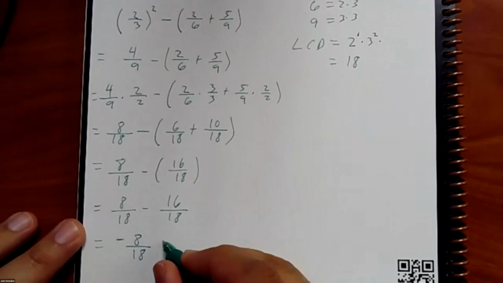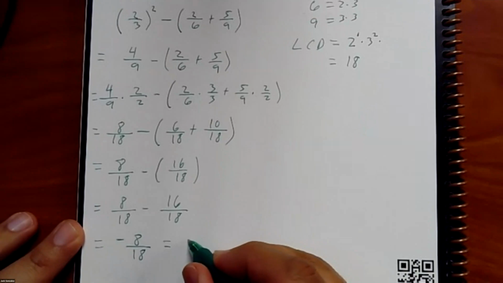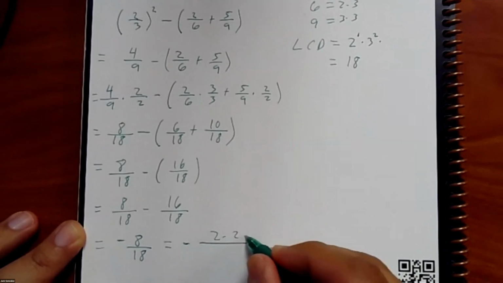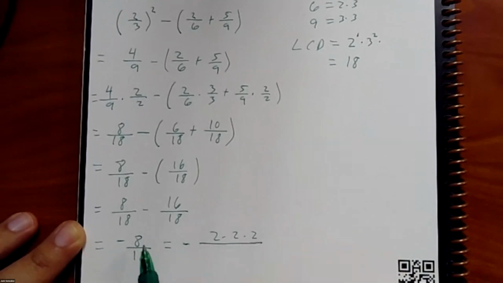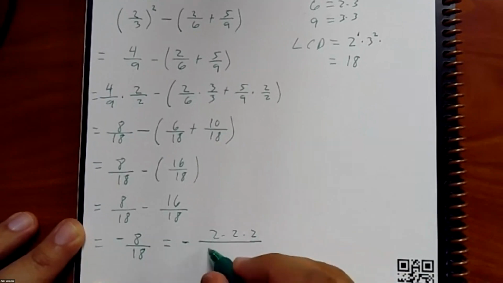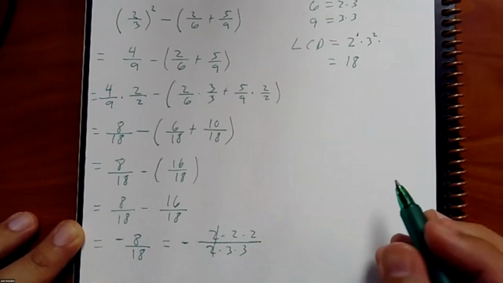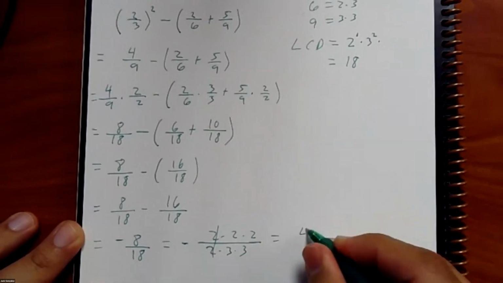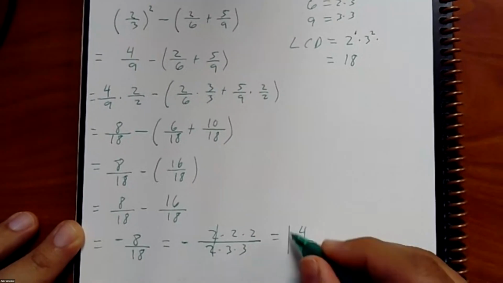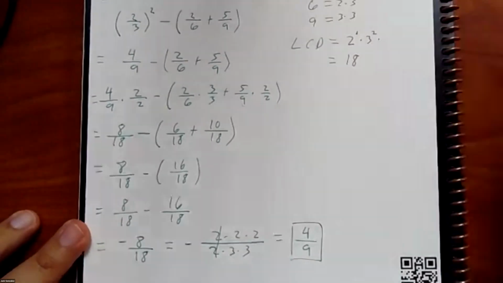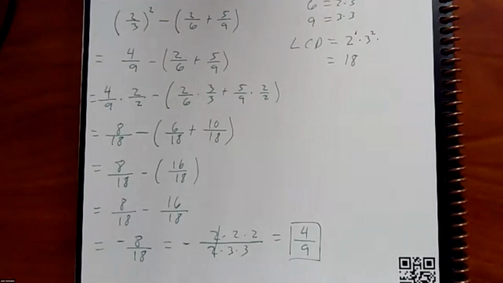Okay, so reduce, we'll leave the negative in front because it doesn't matter. 2 times 2 times 2, prime factors of 8. Prime factors of 18 will be 2 times 3 times 3. So only 2 cancel. So our answer is 4/9. Any questions on number 2?